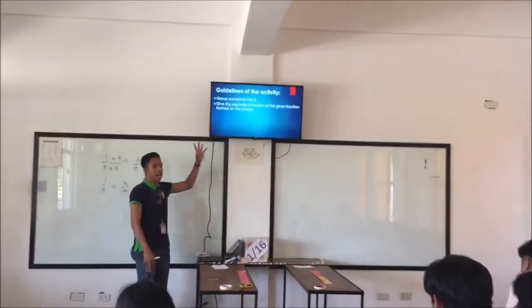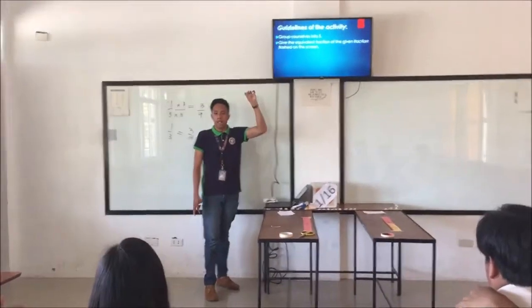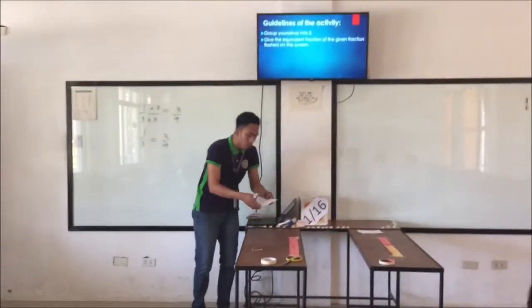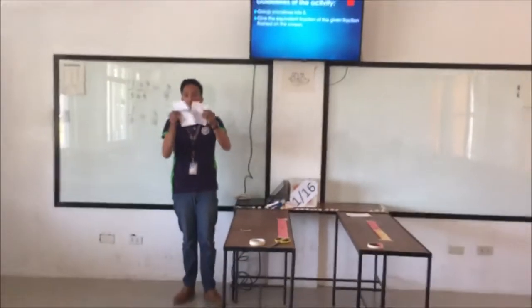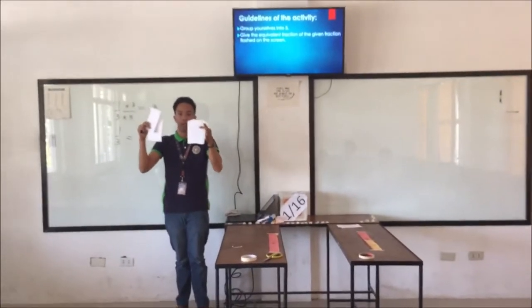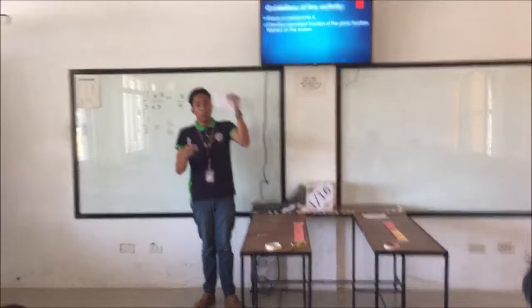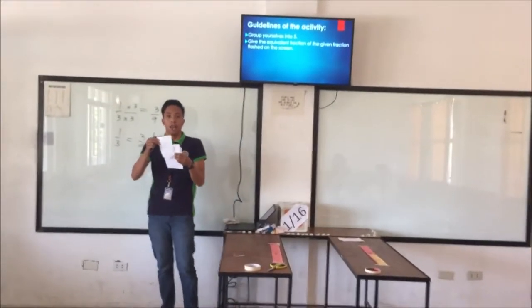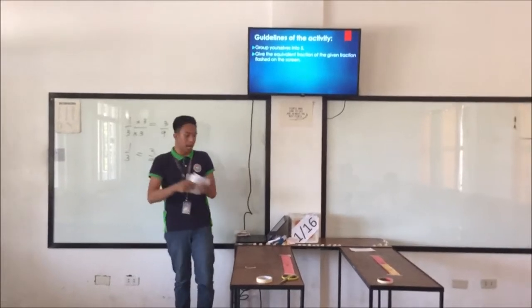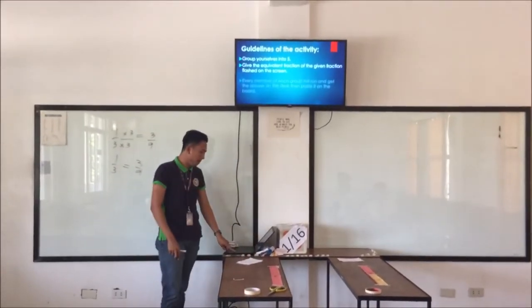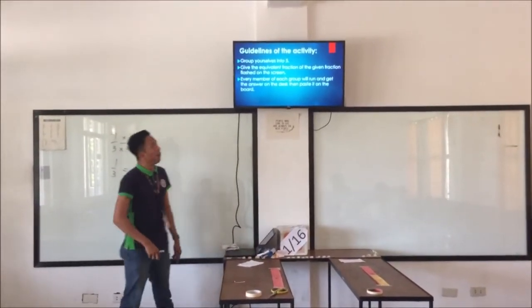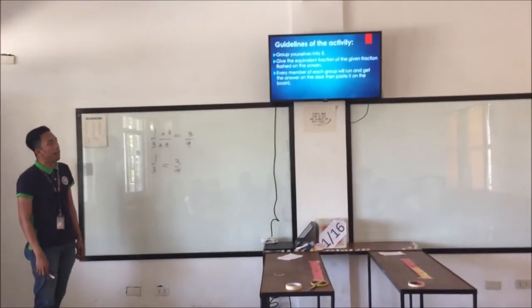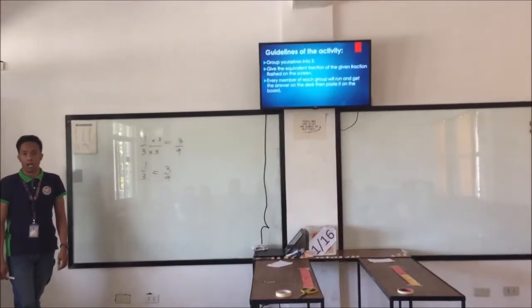Okay, so I will flash example fractions here, and then you will find the equivalent fraction in these cards or papers. And then you will paste your answer on the board, and we will see if that is the correct answer. Every member of each group will run and get the answer on the desk, then paste it on the board.